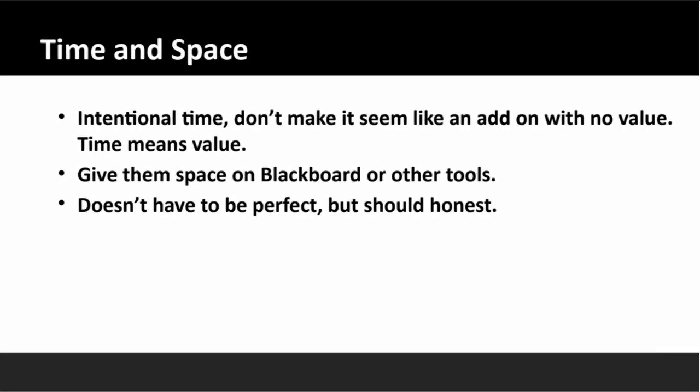And then I talked a little bit about intentionally scheduling your time. The point that one of these bullet points makes is that if you have the questions planned and the assignments planned, the students can tell that, okay, this is well thought out. I know what I'm expected to do.